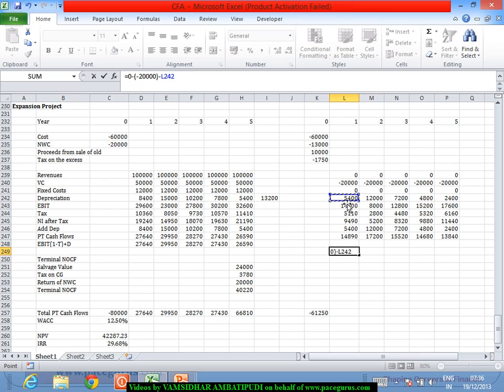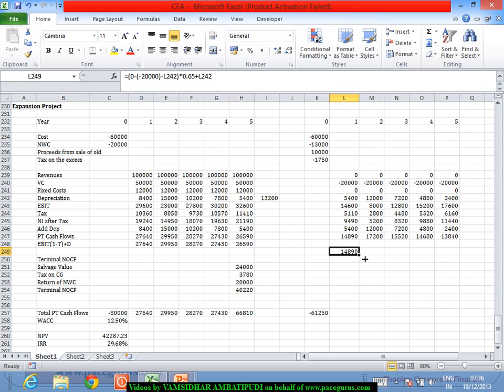All these things. So basically delta S minus delta cost minus delta depreciation multiplied by 1 minus T, which is 0.65. And to this, if I am adding back the depreciation, what I am going to get is exactly the same.